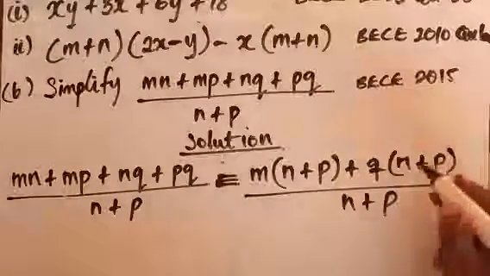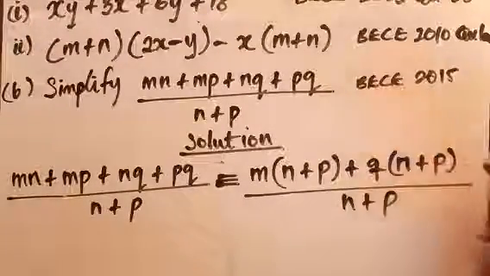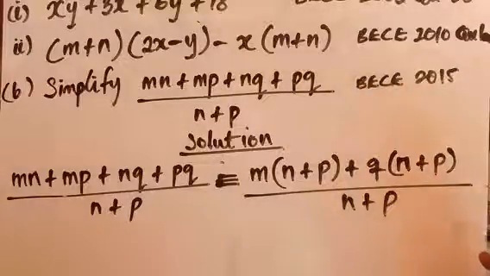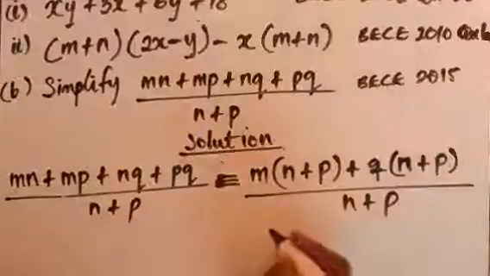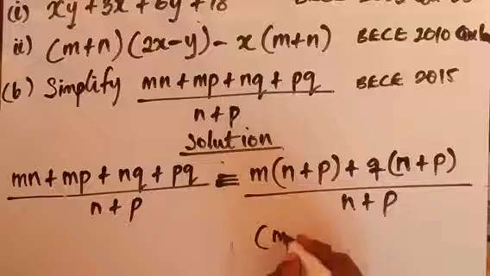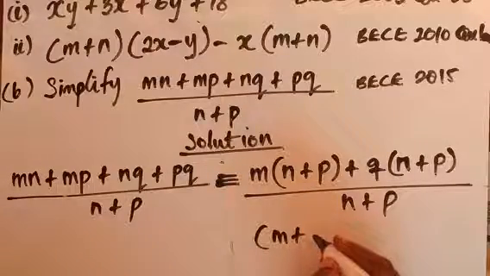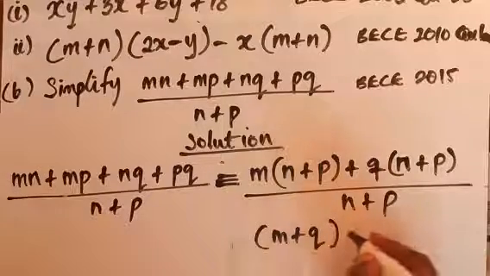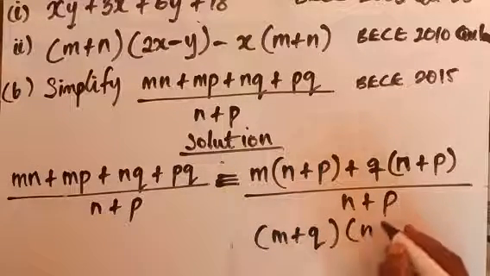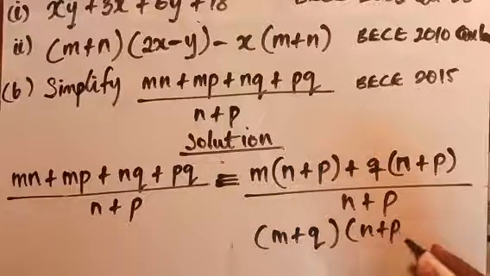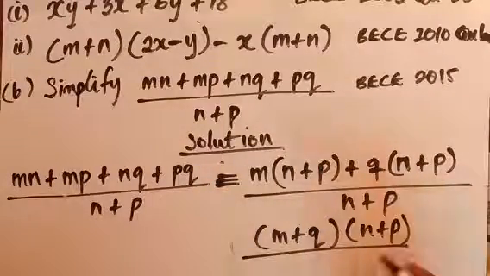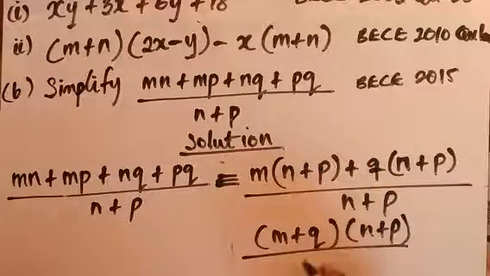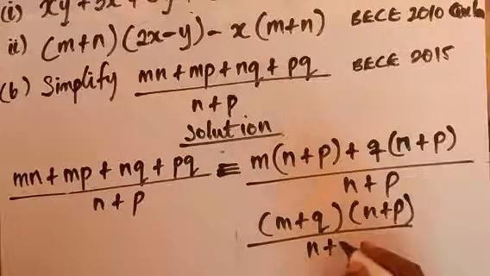Okay, we have the same n plus p in the bracket, and m plus q outside, so we just write m plus q times n plus p, all divided by n plus p.